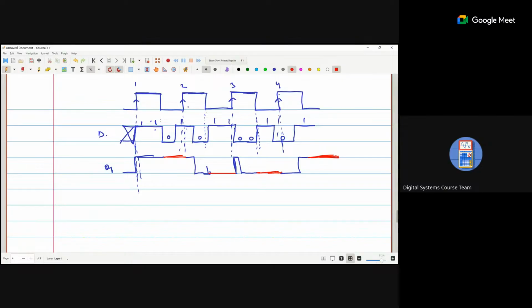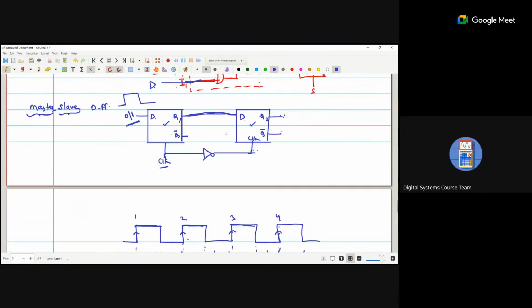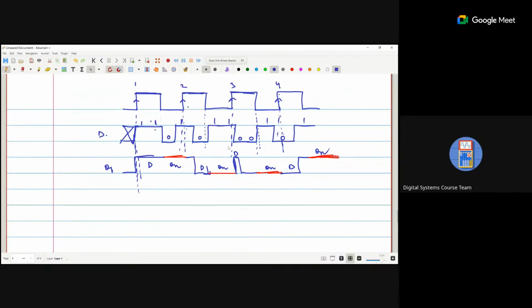Okay, so we can say that this one is the D and this one is Q1. D, Q1, D, Q1, D, and Q. Okay, now this will be the input for the second one, and the second one will work on a negative level. So here is a negative level. Here is a negative level.